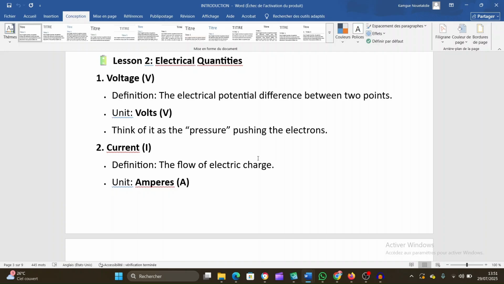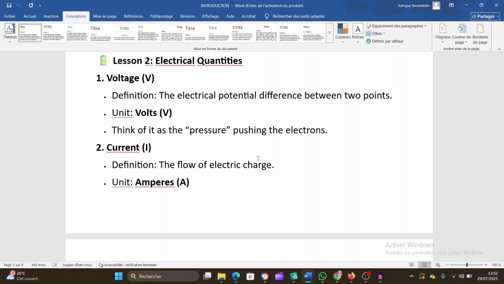Now, we want to visualize it. We would think of it as the pressure that pushes the electrons. Don't forget, we say electricity involves the movement of electrons.